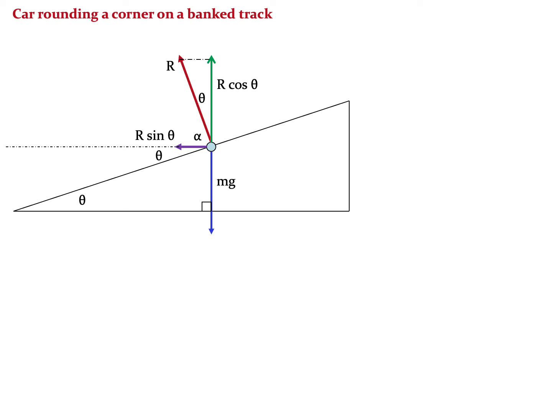The green and purple forces are components of R, so be careful about components. These are not separate forces, these are part of R, essentially unpacked. So the geometry of the situation: I hope you can see that the angle between the centripetal force and the slope must also be theta.